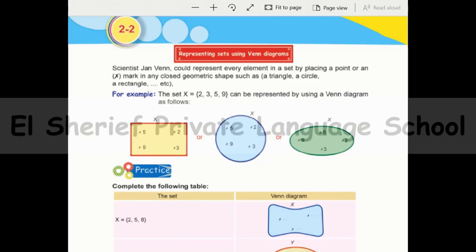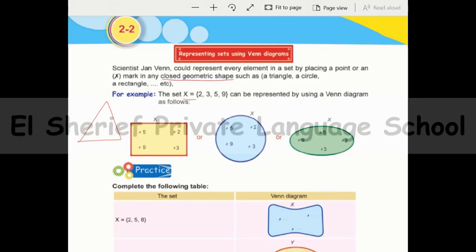And we can represent a set using a Venn diagram. What's the meaning of Venn diagram? We use a closed geometric shape and put all elements inside this shape, like set x equals the set of 2 and 3 and 5 and 9. This listing method we need to represent by Venn diagram. We can make a triangle.